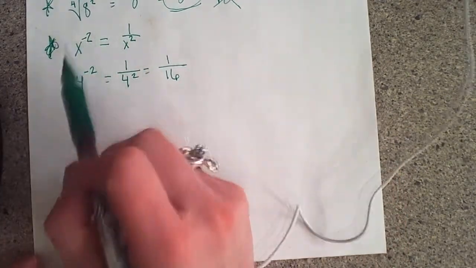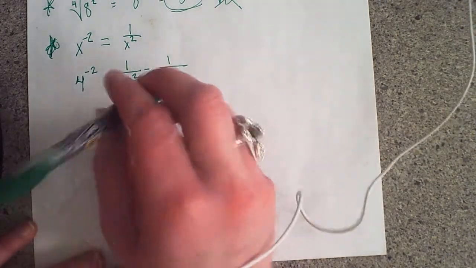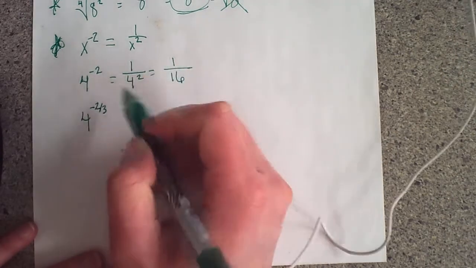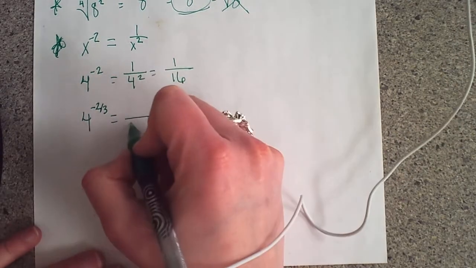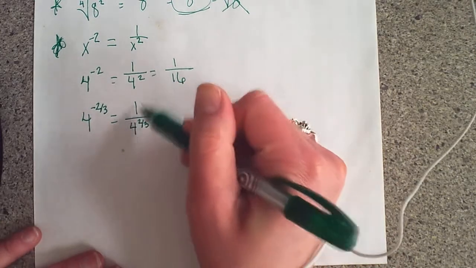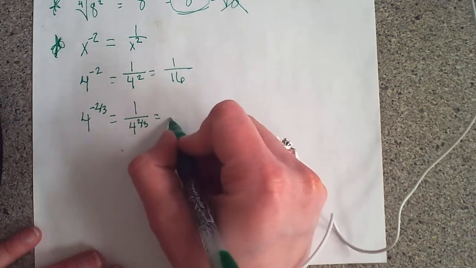That stays true even if we have a fraction as our exponent. So if I have 4 to the -2/3, that exponent still drops down into our denominator, so 1 over 4 to the 2/3. And then we could rewrite that in our radical form, right?